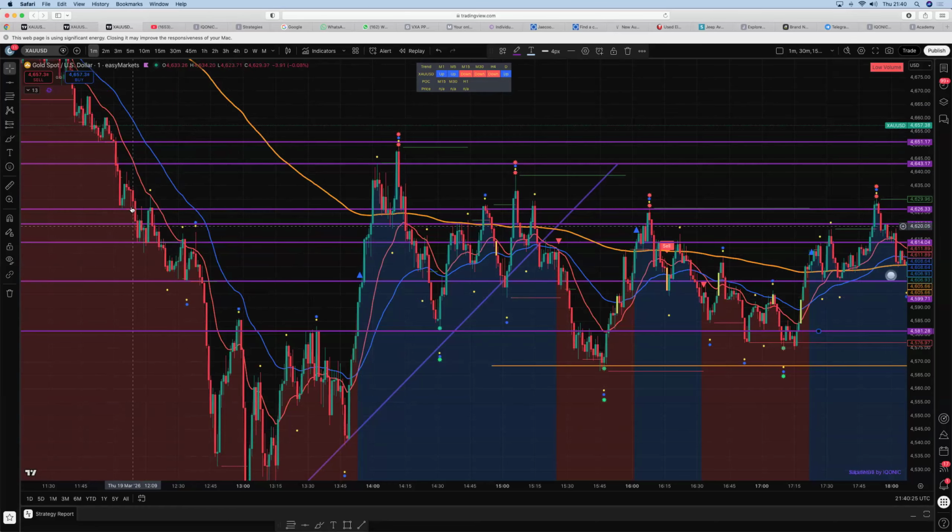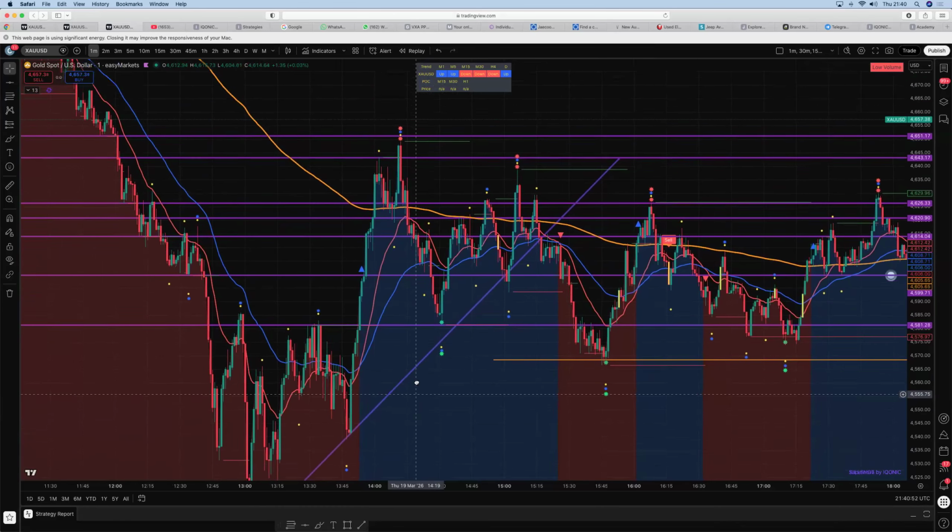So you use these on the 1 minute. No, it's not automatic. You enter the trade, you click the trade, and then you pull your stop up immediately.